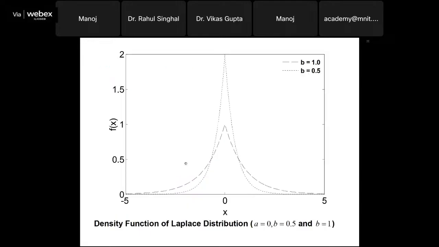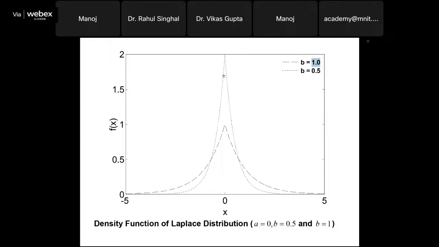You can see that this is the plot for the Laplace distribution, and with different parameter values, you can see that when B is larger, the concentration of the solutions is lesser, because the height is less and the spread is more. And when B is smaller, it gives you a much more localized search.